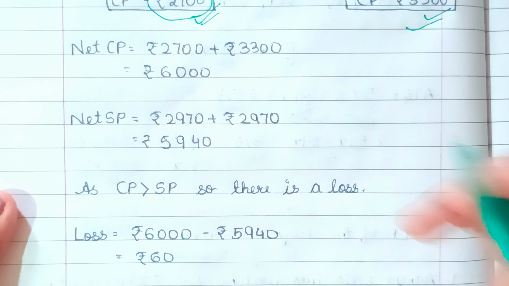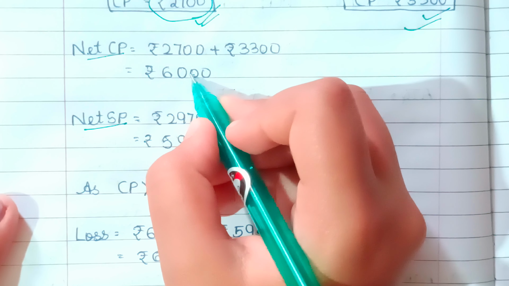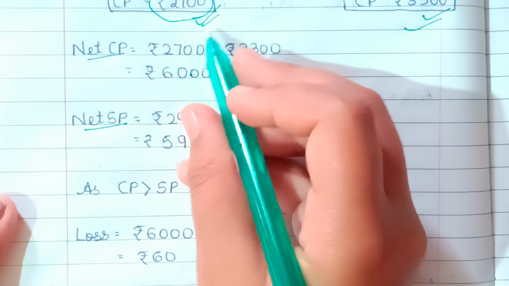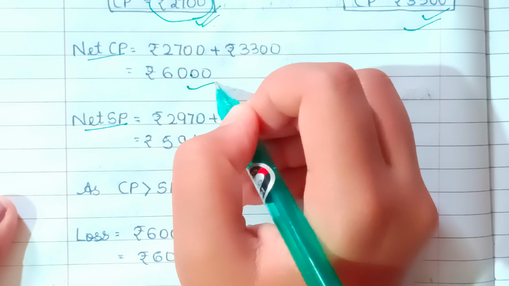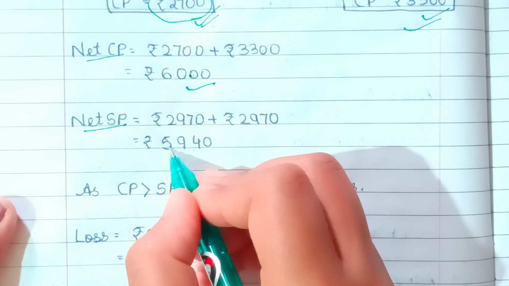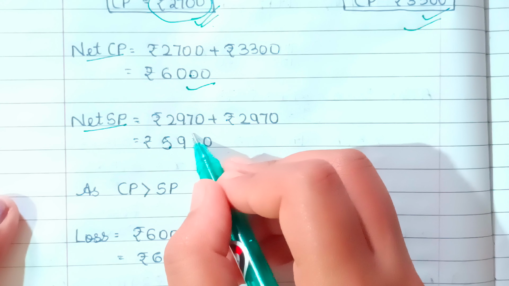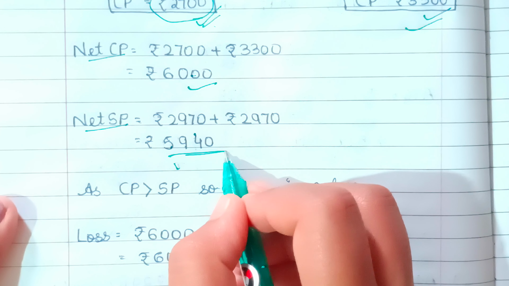We have to calculate the net CP and the net SP. The net CP comes as rupees 2700 plus rupees 3300 as the CP of both the watches. So here it comes as rupees 6,000. And the net SP is rupees 2970 plus rupees 2970 for both watches, and it comes to rupees 5940.